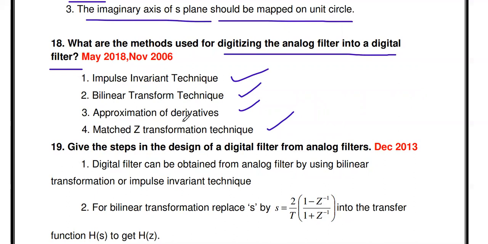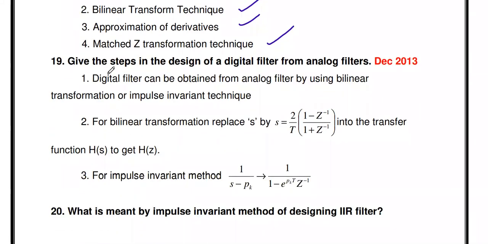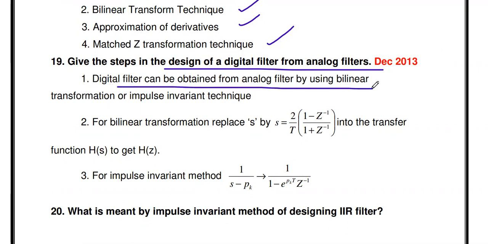You can refer to it. Then the next question: give the steps in the design of a digital filter from an analog filter. It's a December 2013 question. The digital filter can be obtained from analog using either bilinear transformation or the impulse invariant technique.